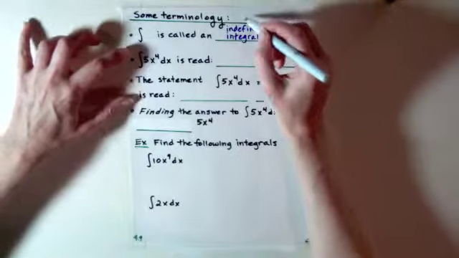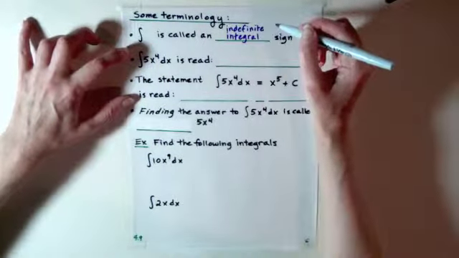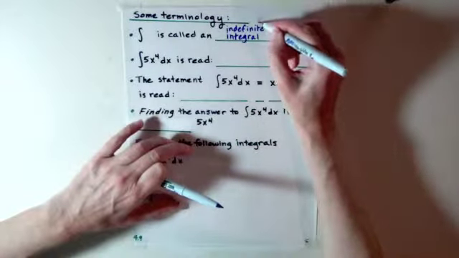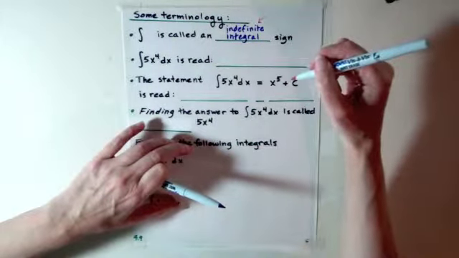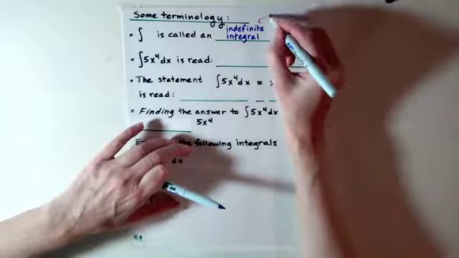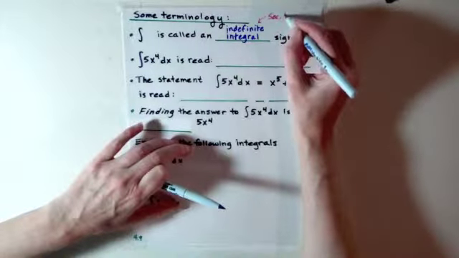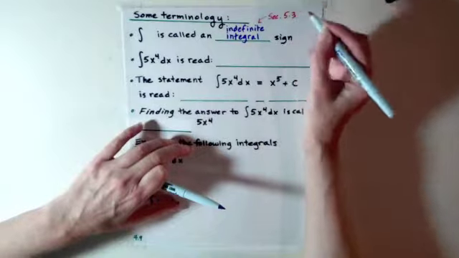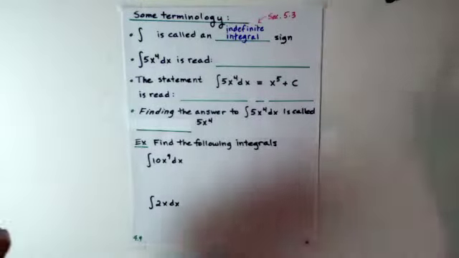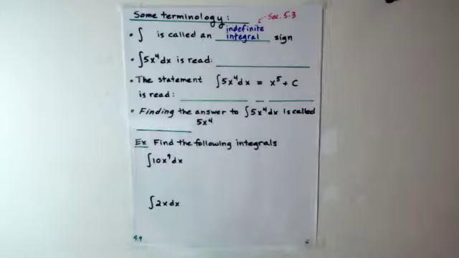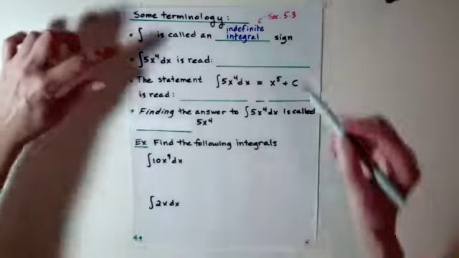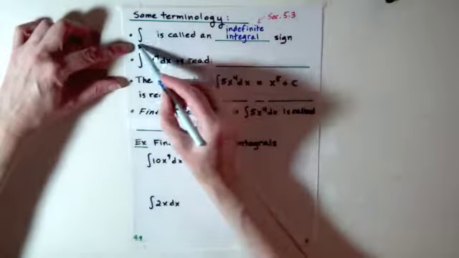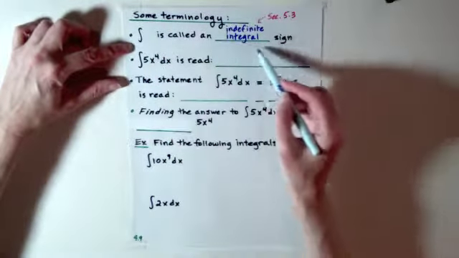We'll learn about why these are called indefinite integrals later, I believe in section 5.3, where we'll learn about what are called definite integrals and the difference between an indefinite and a definite. What we are talking about right now are called indefinite integrals, and oftentimes we're sloppy and we just say this is an integral sign.